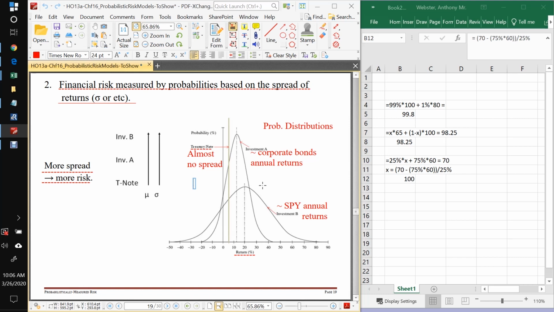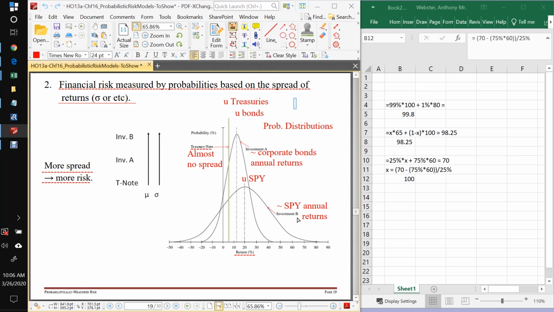The other thing that's important to notice is that as we take on more risk, as denoted by the wider spread, we have a higher reward, a higher expected value. The expected value of the SPY is higher than the expected value of the bonds, and that's higher than the expected value of the treasuries.